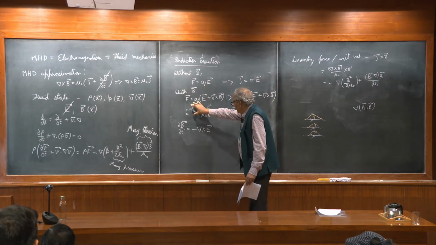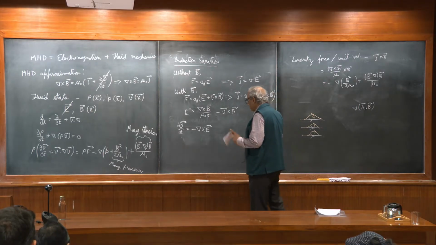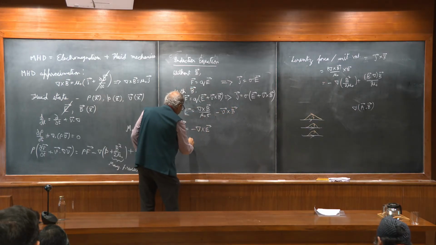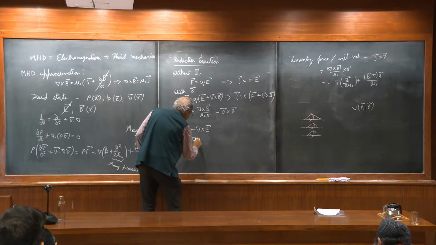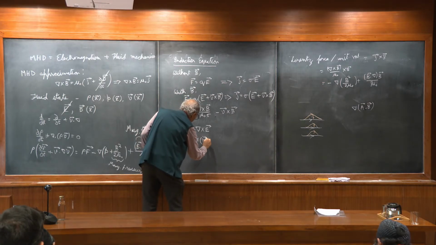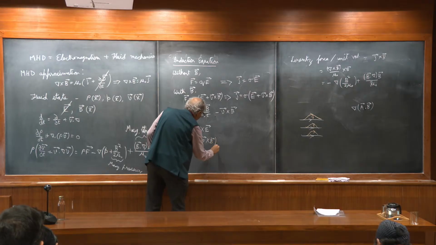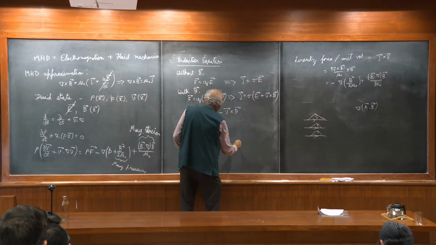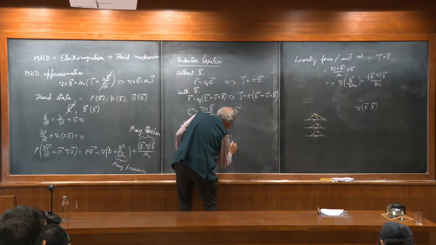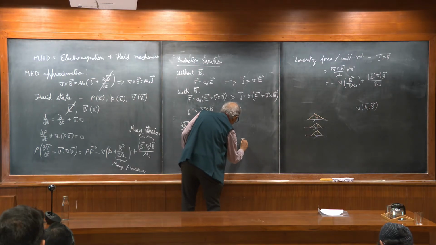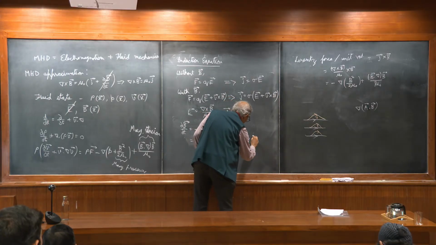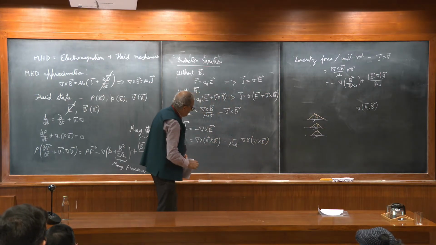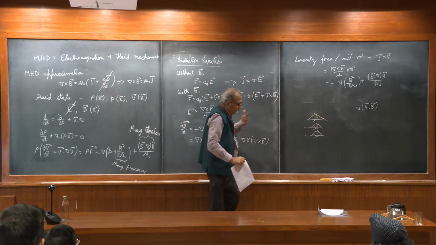So now for E we just substitute this expression, and then what do we get? From this second term we would get this minus sign and minus sign, they cancel each other. So curl V cross B, and from this other term we would get this minus mu 0 sigma curl B. So here we are making one simplification, that we are assuming this sigma to be a constant in space.